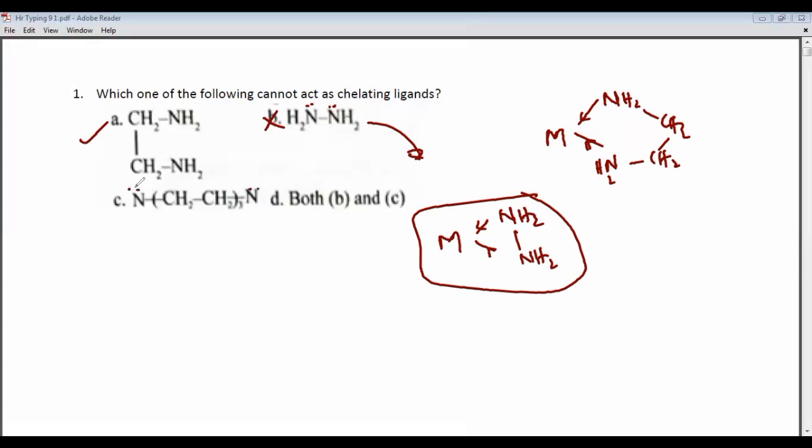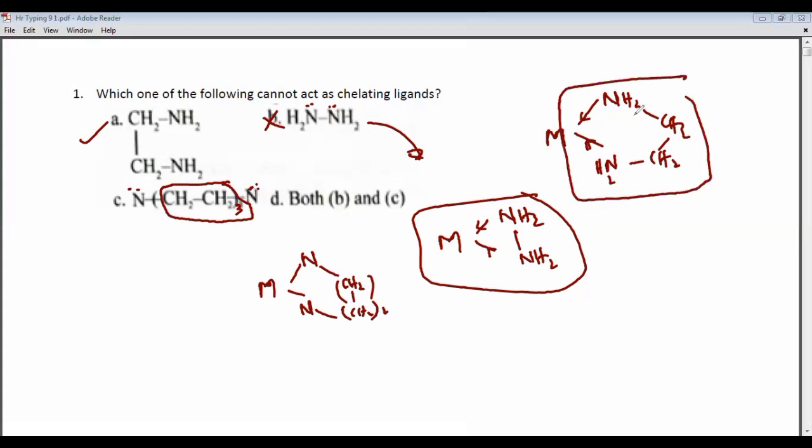Here also, the ethylene group which is locked between two nitrogen. So its complex is something like this. A cyclic ring can form, and if the cyclic ring is 5-membered, then it will be saturated.